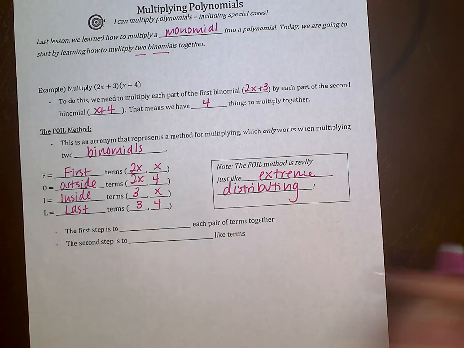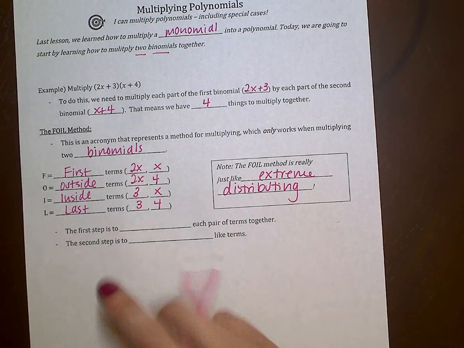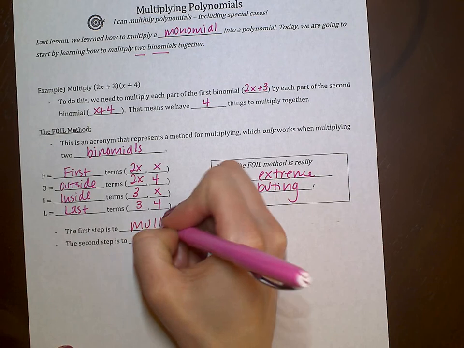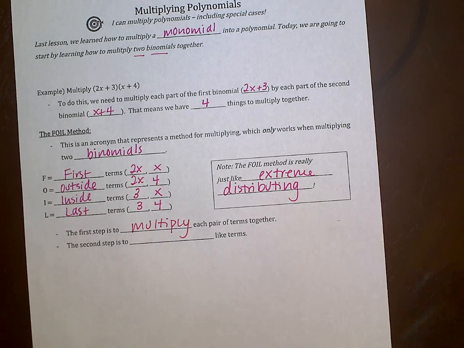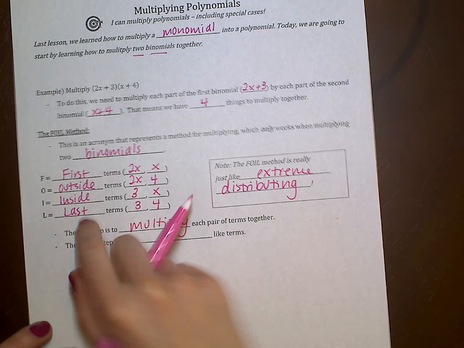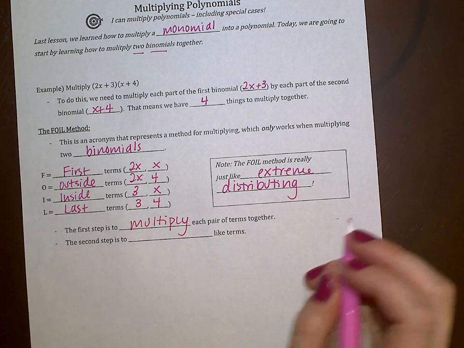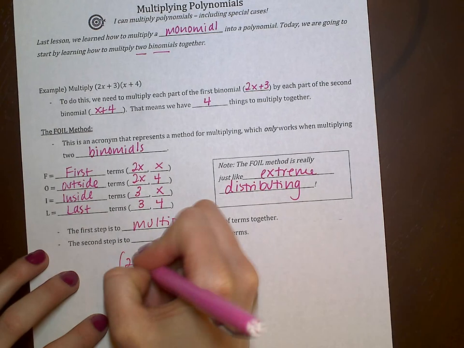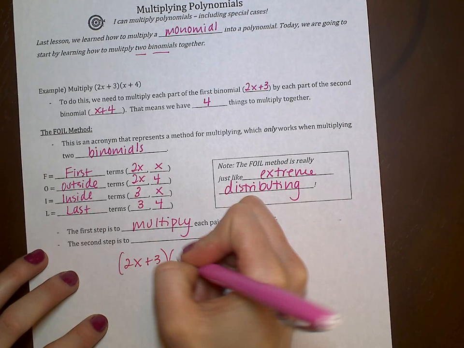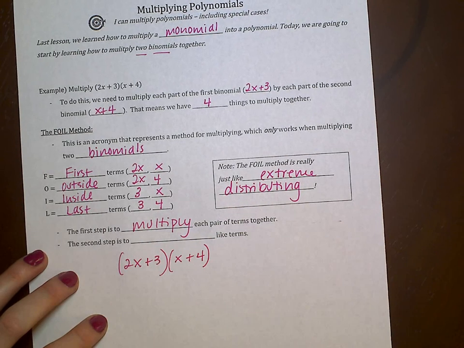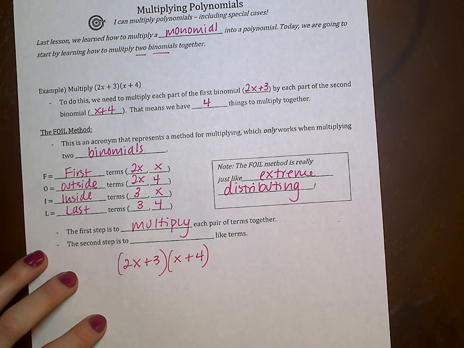So the first step is just to multiply each pair, so first, outside, inside, last, each pair of those terms together. Now, let me copy the example back down. x plus 4. You have to keep in mind what we talked about last time.